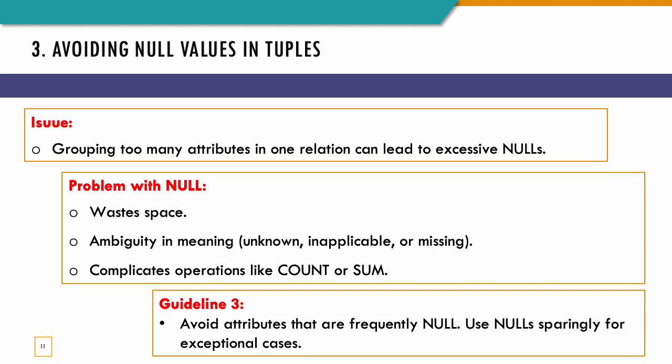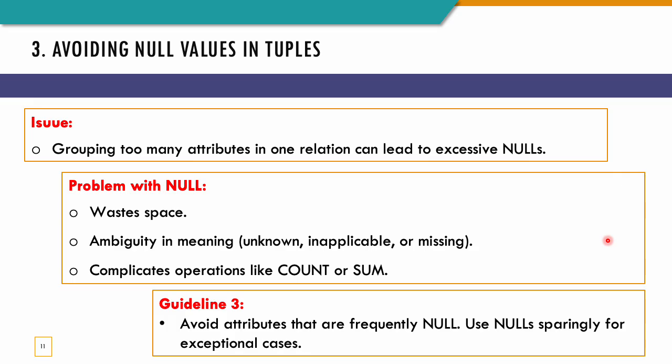And the ambiguity. A null can mean different things. It can be unknown: the information is just missing, and we don't know what the value should be. Or not applicable: the attribute doesn't apply to the row, for example, a middle name for someone who doesn't have one.